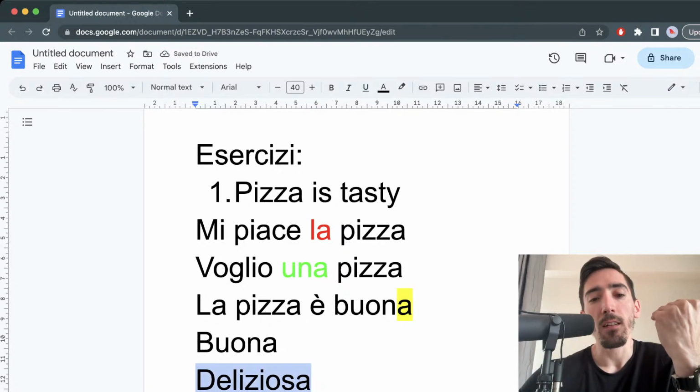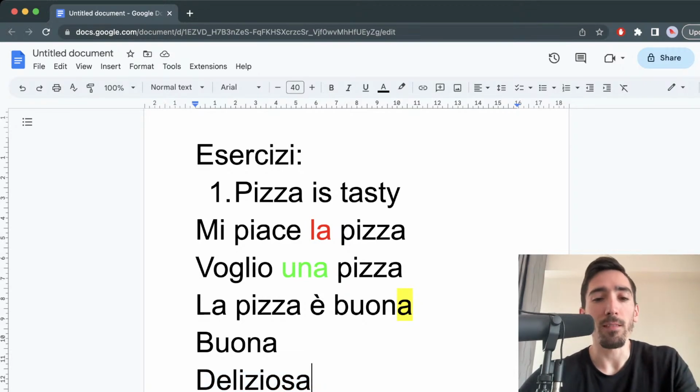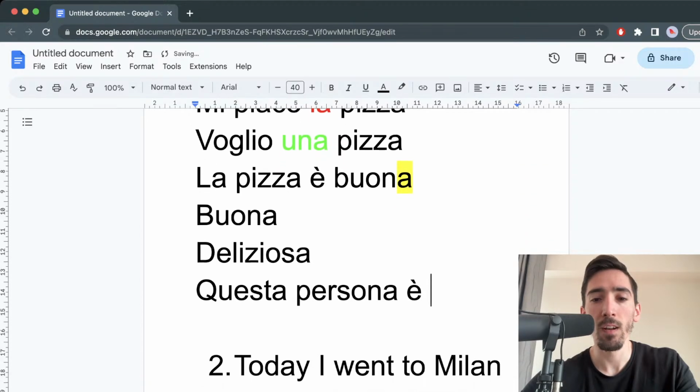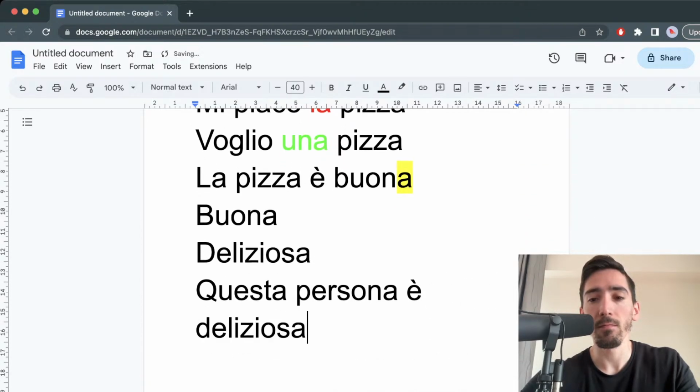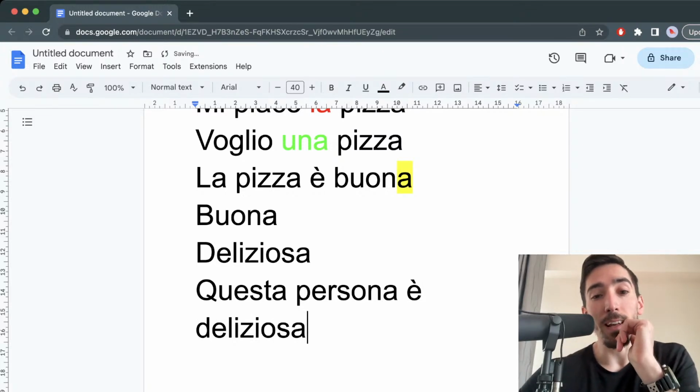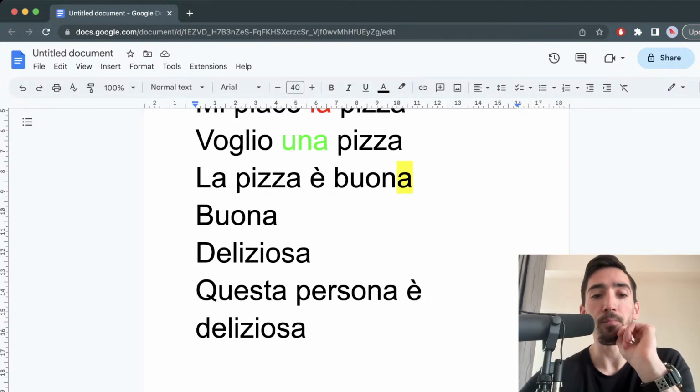So if you say questa persona è deliziosa. I mean, you could say that, but it doesn't make too much sense and it's not common.